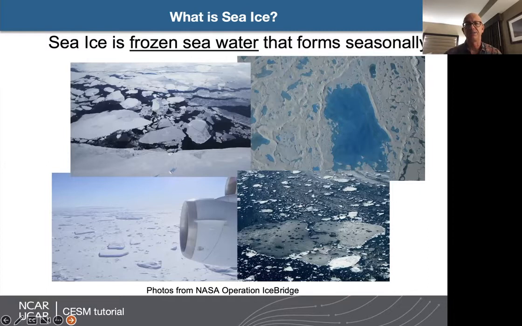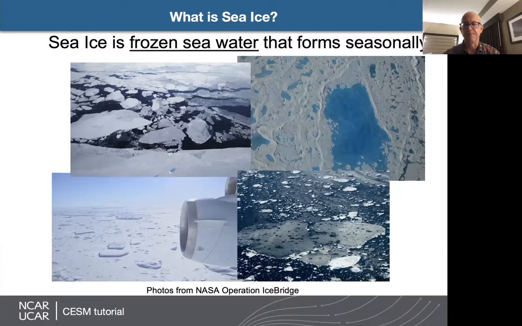It's comprised of a lot of different floes. You can sort of see here in this picture, there's a lot of different sizes of floes and things like that. And then it also has interesting characteristics where over the summer months, you actually get these melt ponds that form on top of it. So these blue areas in this upper right picture here.